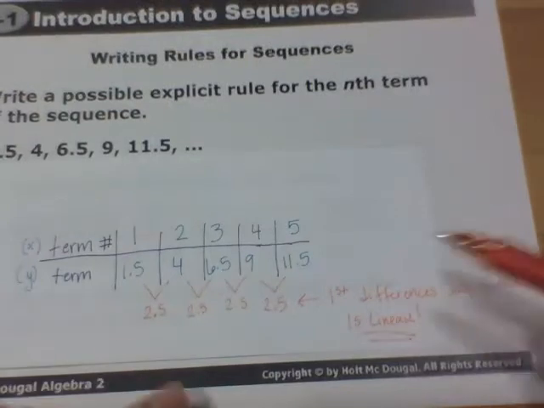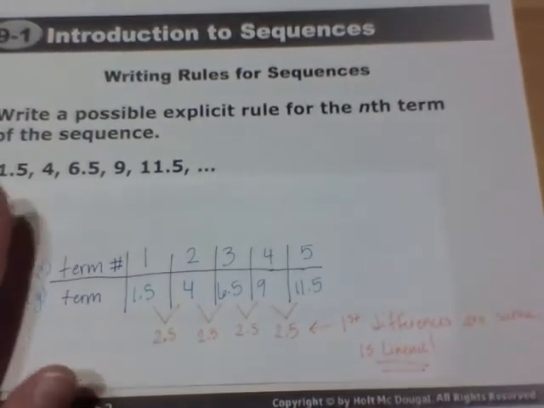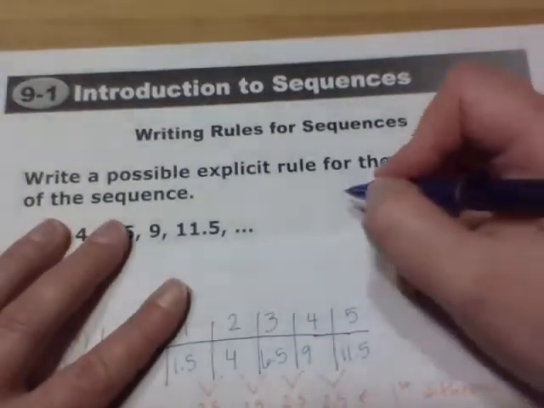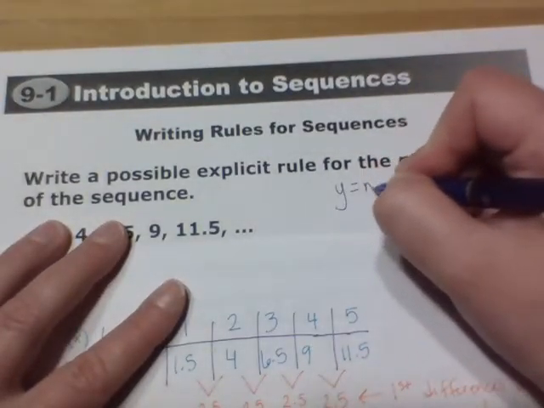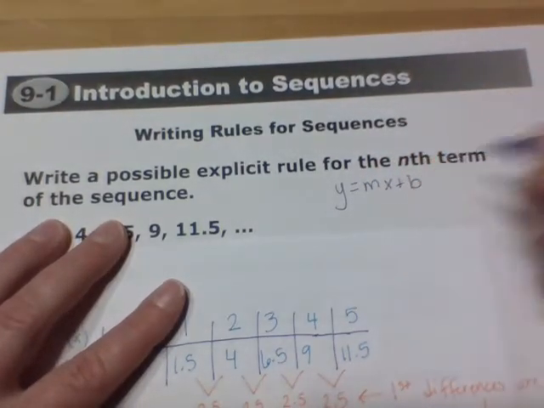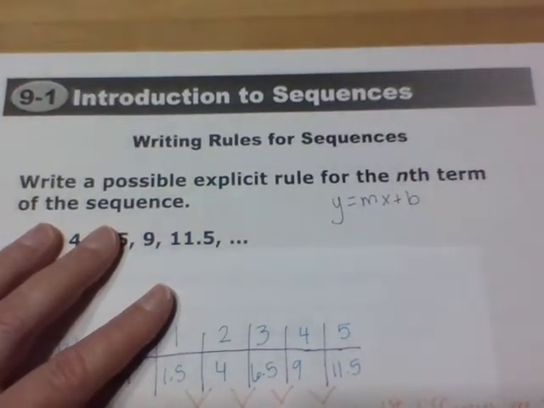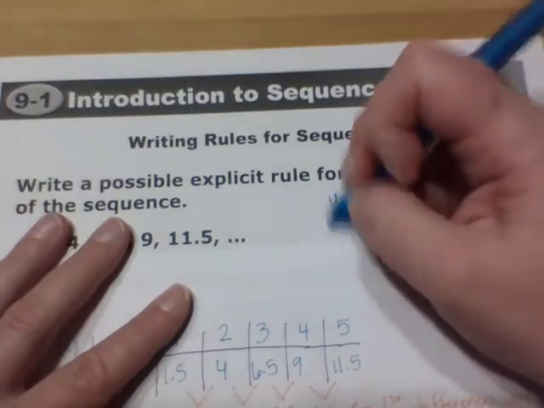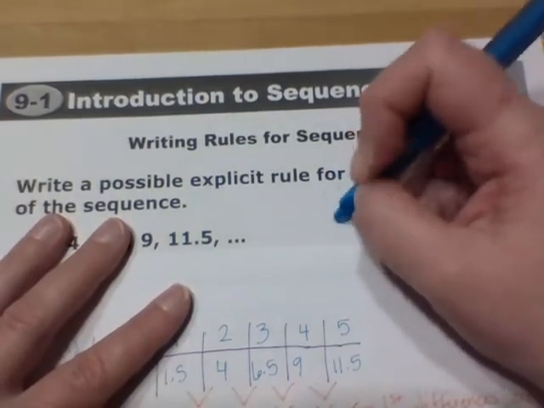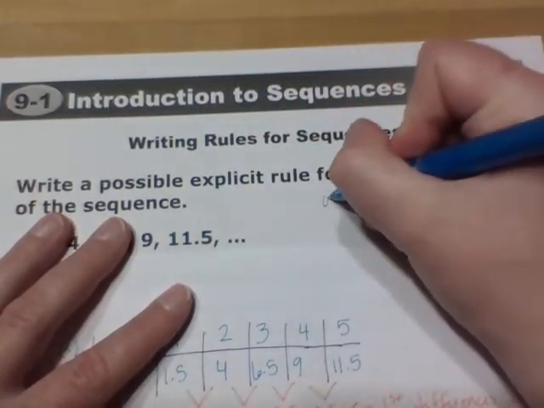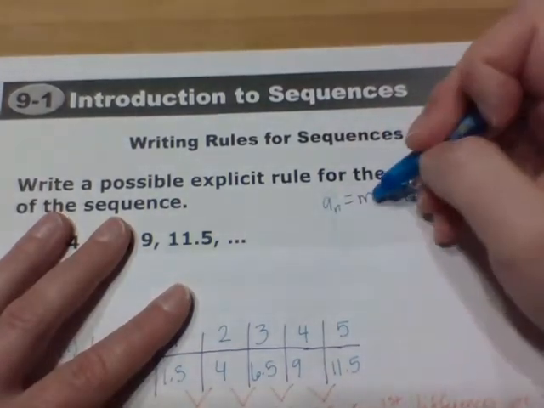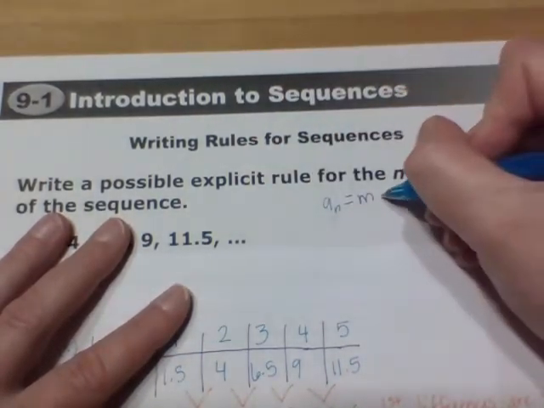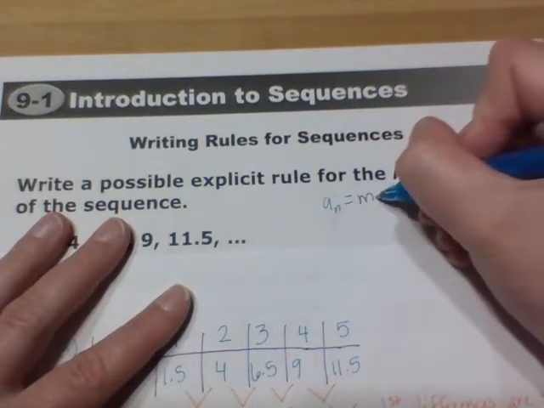All right. And so again, we are going to use the form of a linear equation like we've used before, which would have been y equals mx plus b. However, again, we are going to rewrite the y as an a sub n and the x as an n.